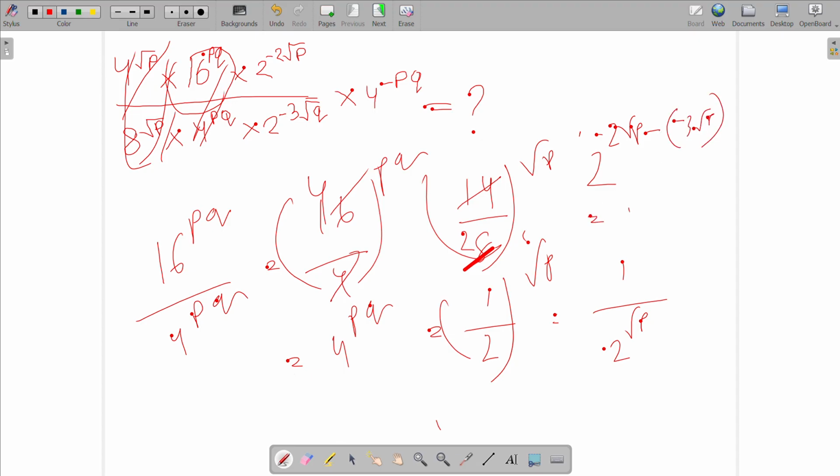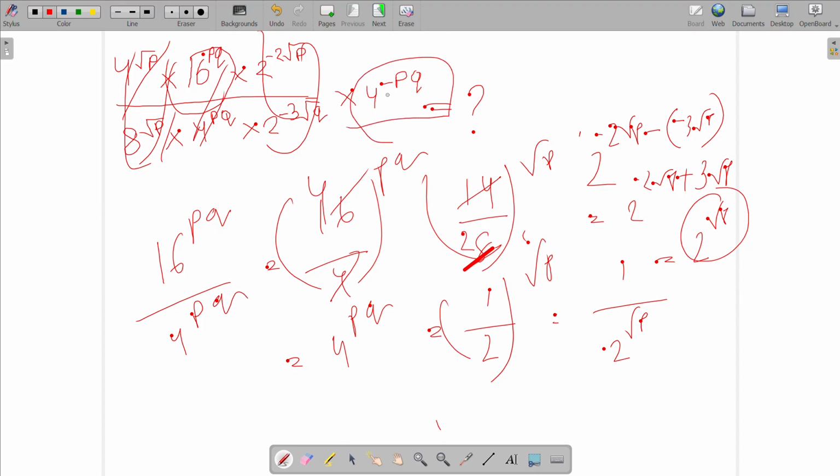So it will give us minus 2 root p plus 3 root p, and we will get 2 to the power root p from this one. The value that remains stays.